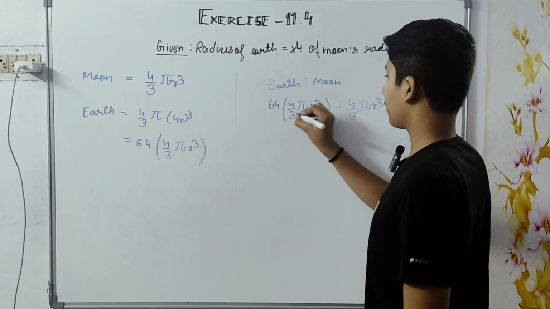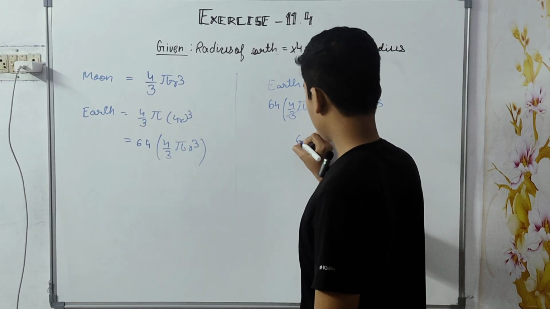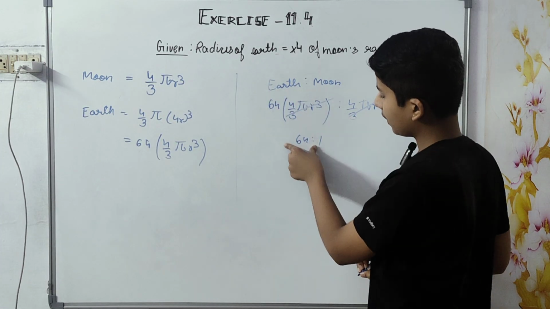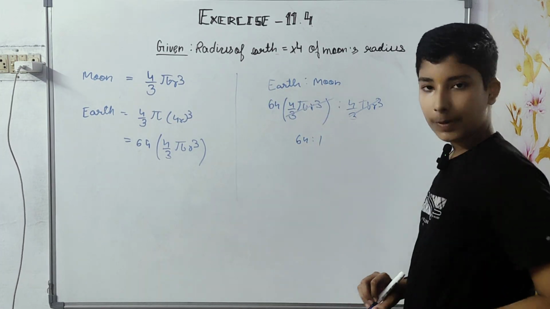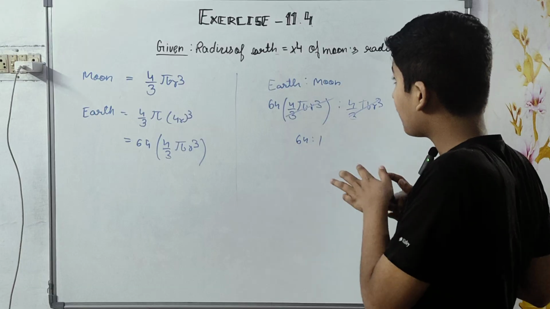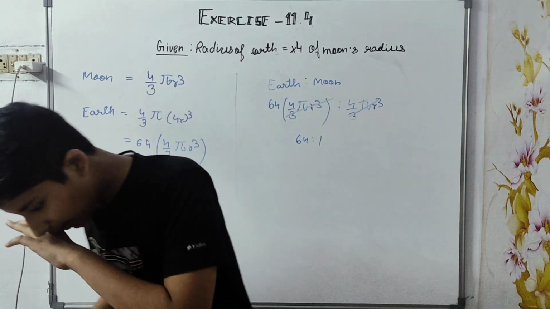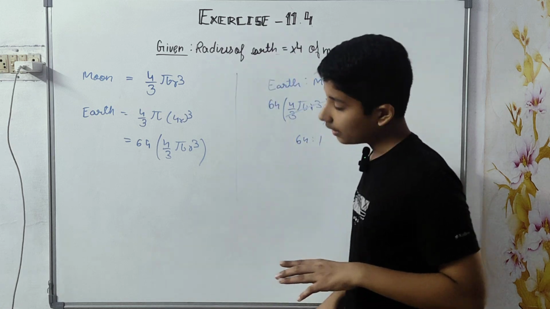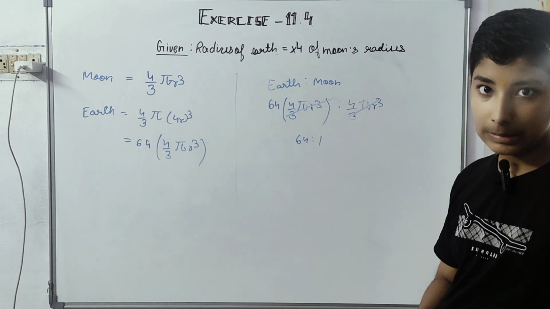So this will get cancelled. The answer will be 64 is to 1. Means if Earth's volume is 64, Moon's volume will be 1. We have to find what fraction of the volume of Earth will be the volume of Moon.